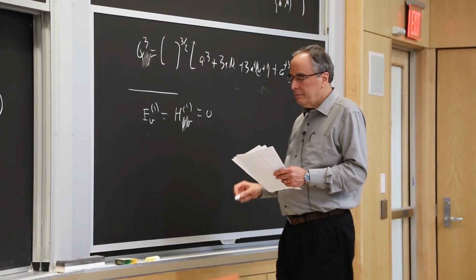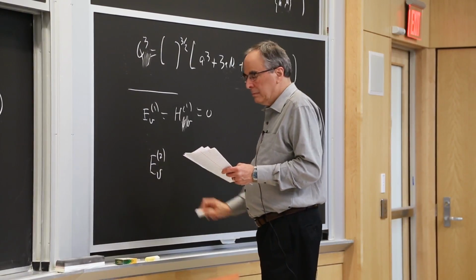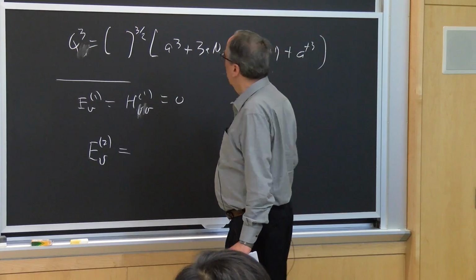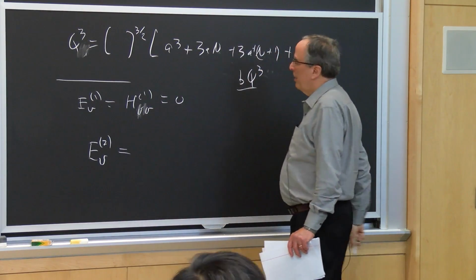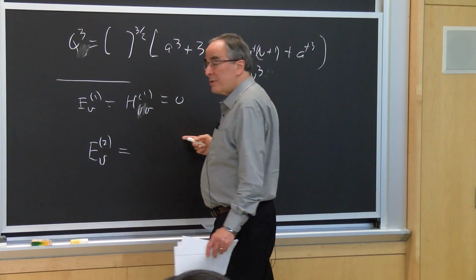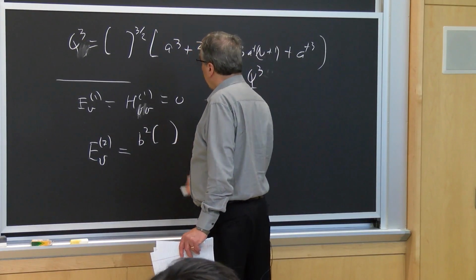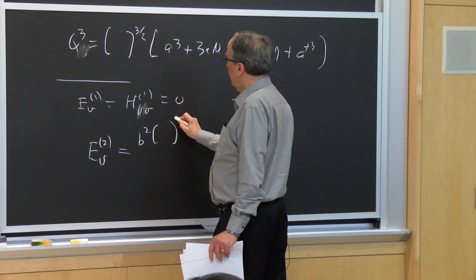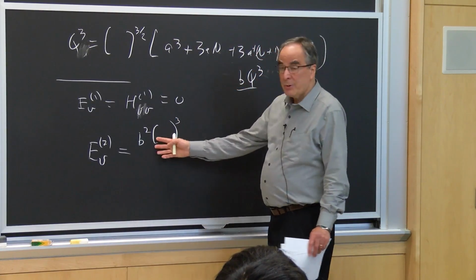So now we're stuck and we have to start doing all of this 2nd order stuff. Well, we have this b q to the 3rd power, and so we get squares of the matrix element. So we get a b squared, we get this thing to the 3rd power, because we're squaring the matrix element.